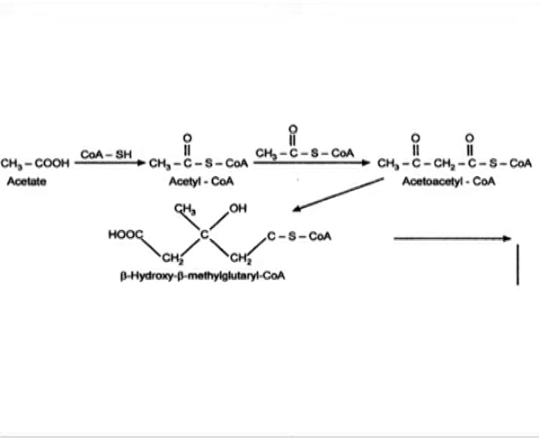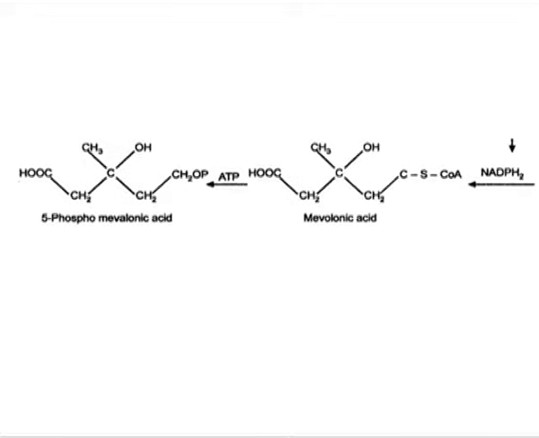By using HMG coenzyme A synthase, this acetoacetyl coenzyme A gets converted into beta-hydroxy beta-methylglutaryl coenzyme A. Further, this utilizes the NADPH2 system and HMG coenzyme A reductase. After a number of steps, it finally gets converted into mevalonic acid.